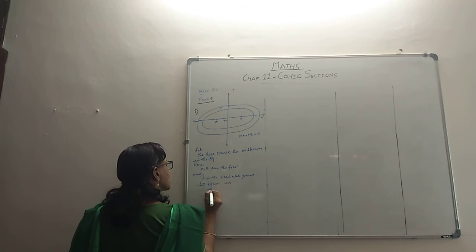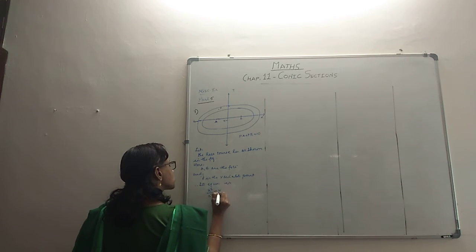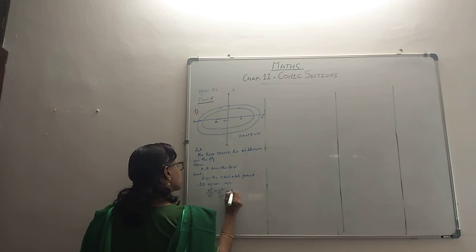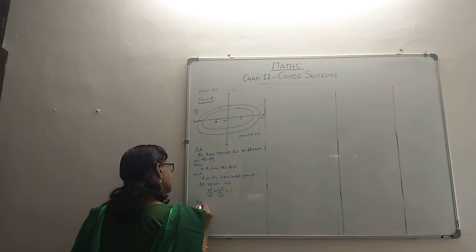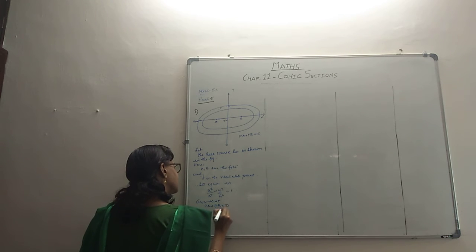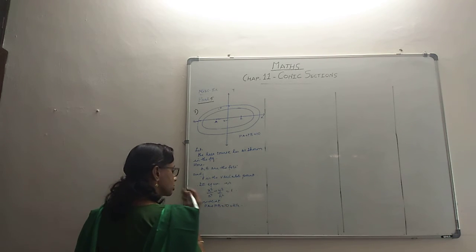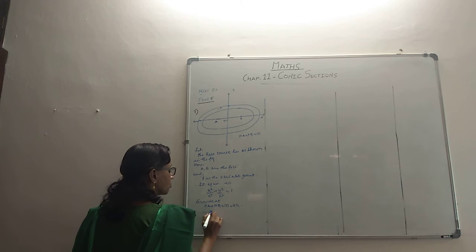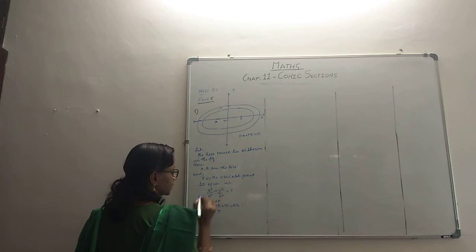is x squared by a squared plus y squared by b squared equal to 1. Given that PA plus PB equal to 10, which is 2A, according to what we have learnt. Therefore, we know that A is 5.